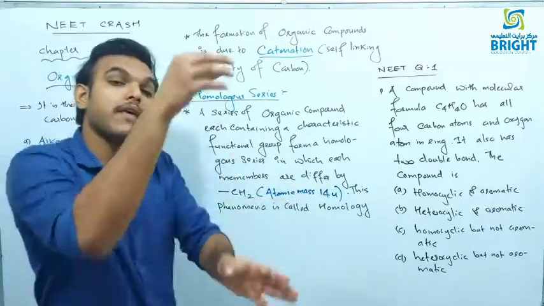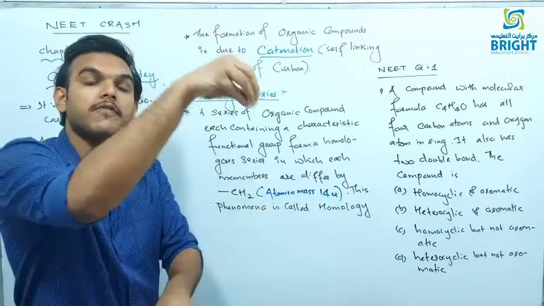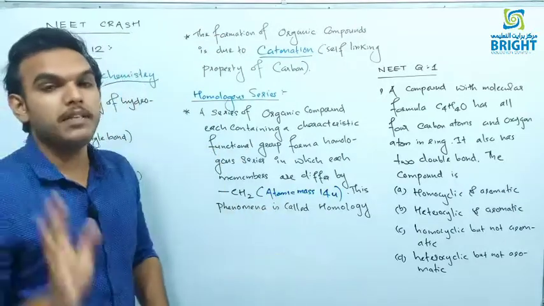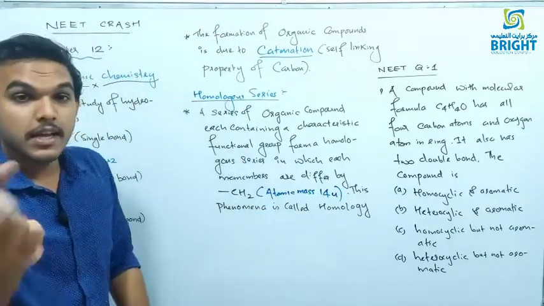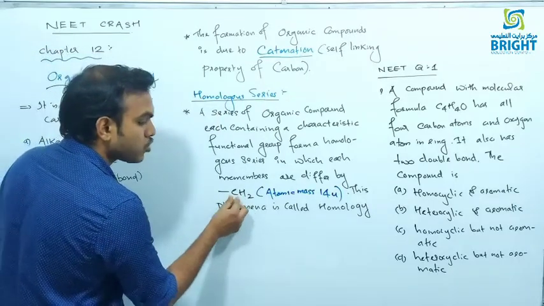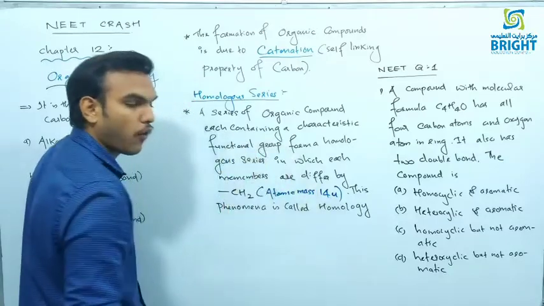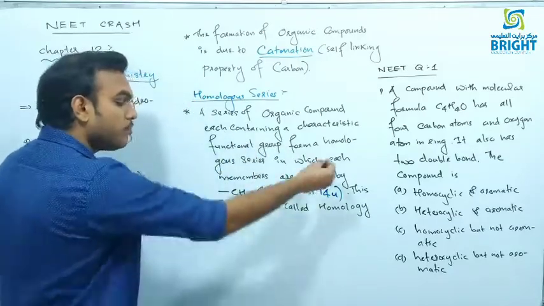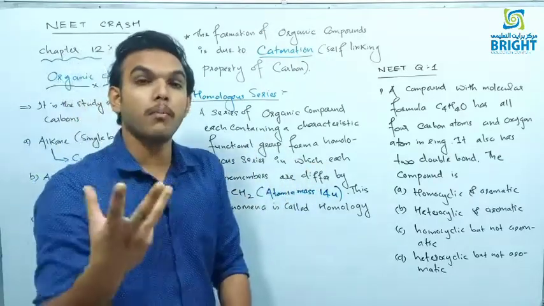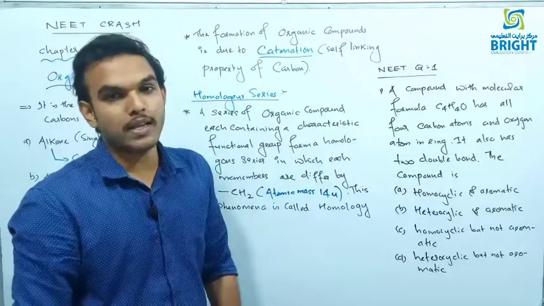In this CH2, the total atomic mass, carbon 12 and 2 hydrogen, will be equal to 14 unified atomic mass. This phenomenon is known as homology.